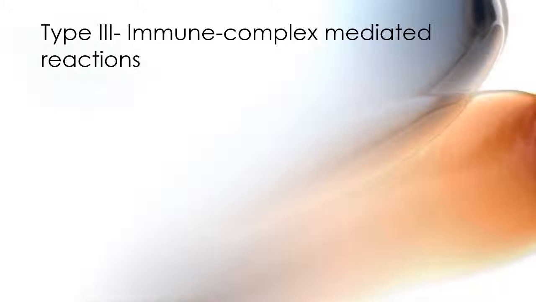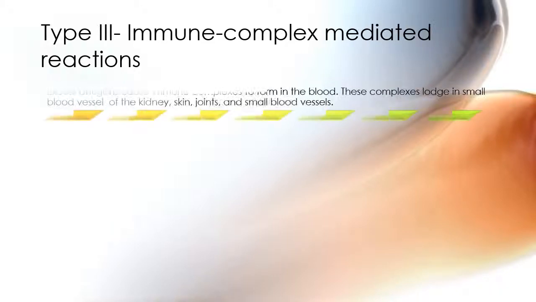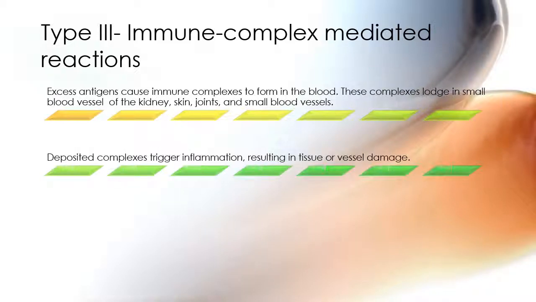Type 3 immune complex mediated reactions. Excess antigens cause immune complexes to form in the blood. These complexes lodge in small blood vessels of the kidney, skin, joints, and small blood vessels. Deposited complexes trigger inflammation, resulting in tissue or vessel damage.